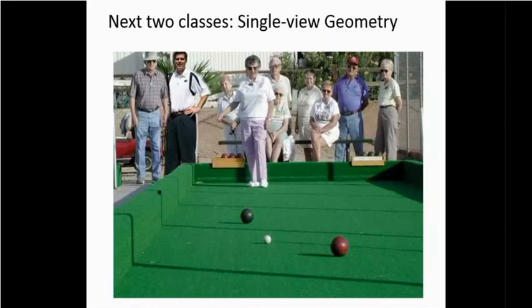All right, so finally we can go into the next section of the class. We're about 1/3 of the way through this semester, and we've covered a lot of fundamentals that are all about how we analyze images within the image or across images, but not really yet dealing with how images relate to the world.